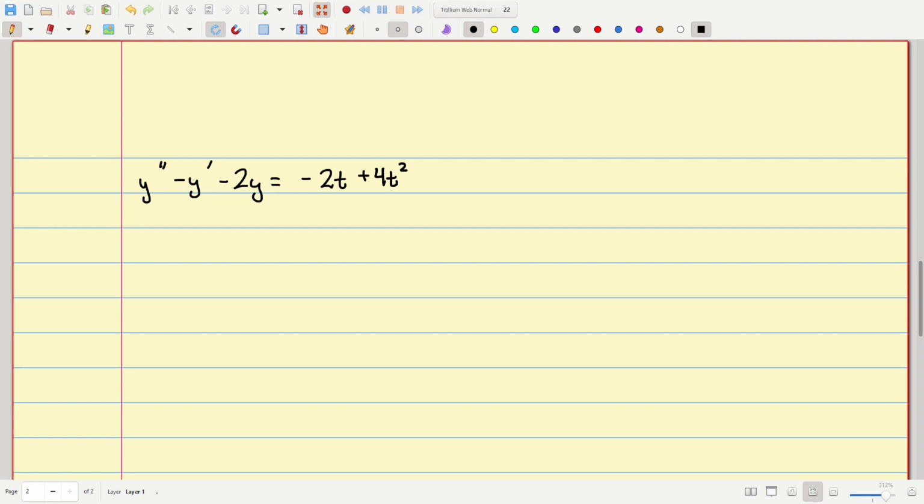Let's look at this example. Okay, what's step one? We solve the homogeneous equation. If you're comfortable with this, you can skip steps and just write down the characteristic equation immediately.